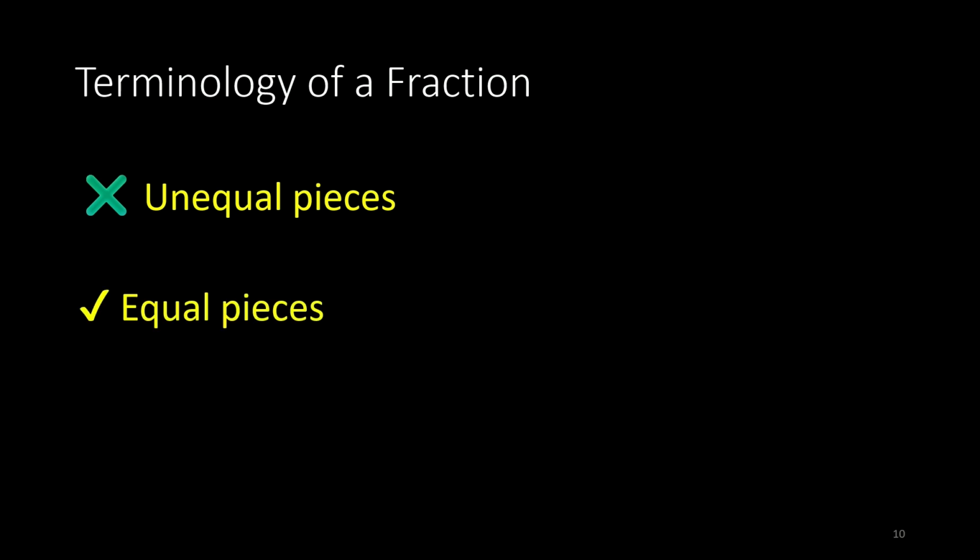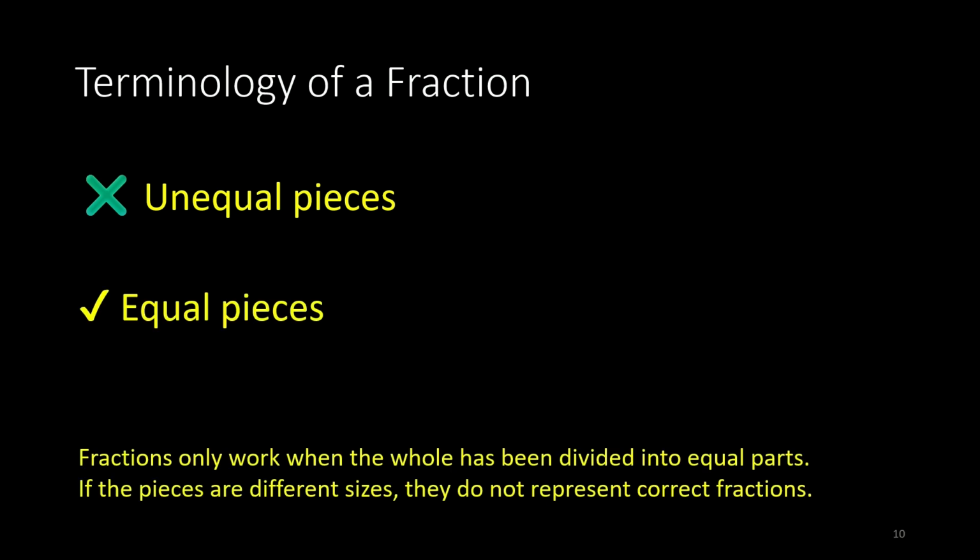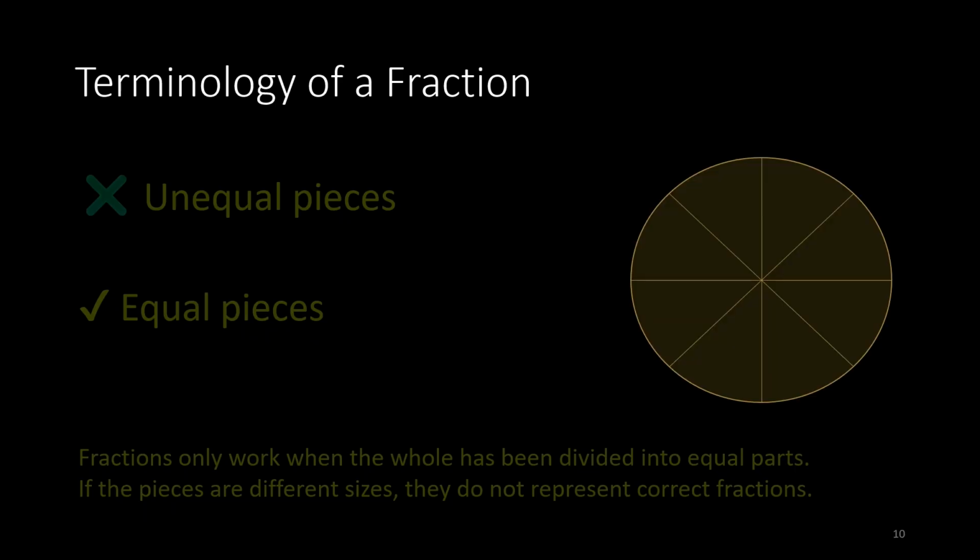Fractions only work when the whole has been divided into equal parts. If the pieces are different sizes, they do not represent correct fractions. Here, for example, we have a circle which is cut up into 8 equal pieces.